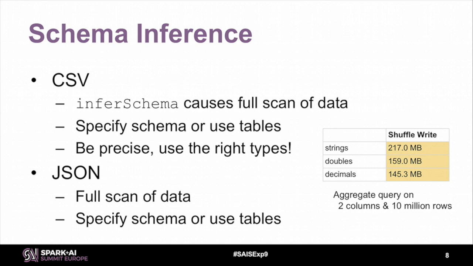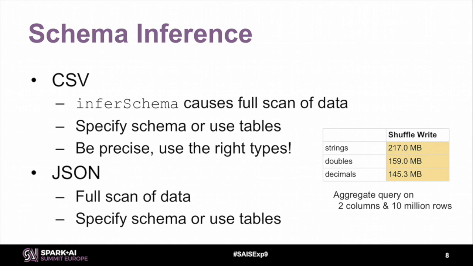As an example, if you're treating everything as a string or double or decimal, in a particular data set where these values were actually decimal values, and you're doing some sort of aggregation, that will actually impact the amount of shuffle data that's being generated from your job, based on the data types that you're defining for Spark, how to treat that data set.